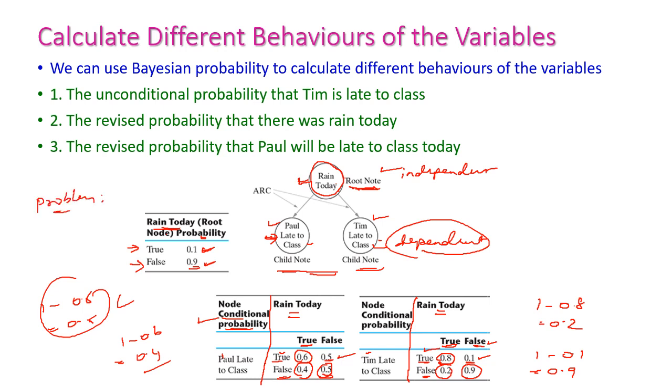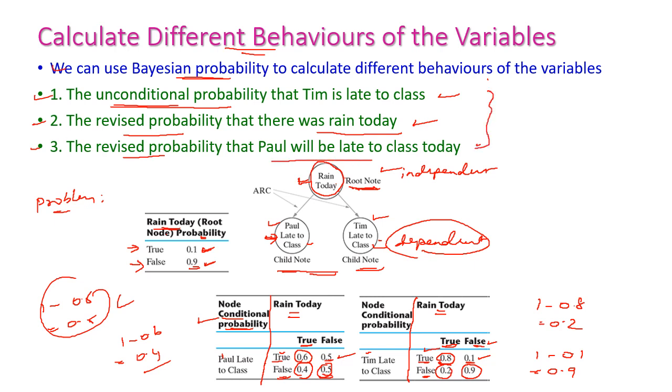Now what we have to do? We have to calculate the different behaviors of the variables. We can use Bayesian probability to calculate them. The first one is the unconditional probability that Tim is late to class, the second is the revised probability that there was rain today, and the third is the revised probability that Paul will be late to class.